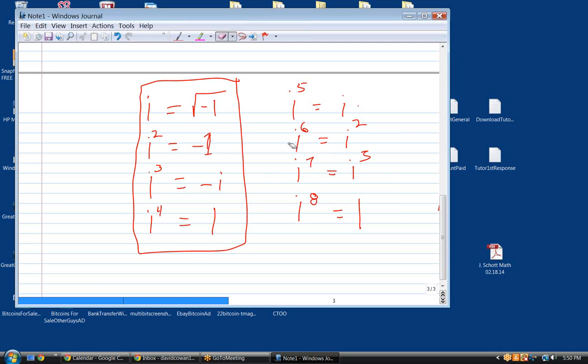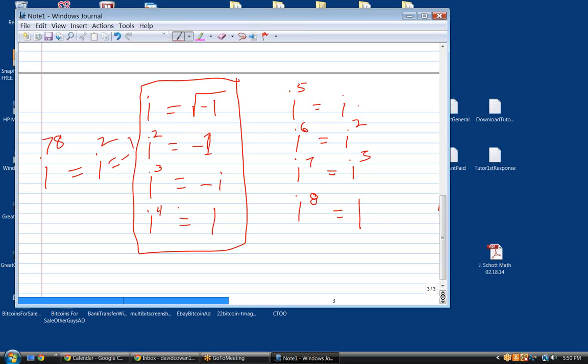Right, any number, but when we're talking about imaginary numbers. If I say, what is i to the 78th power? Well, I divide 78 by 4, and I get 19 with a remainder of 2. The remainder is what that's equal to, i squared, which is equal to minus 1.